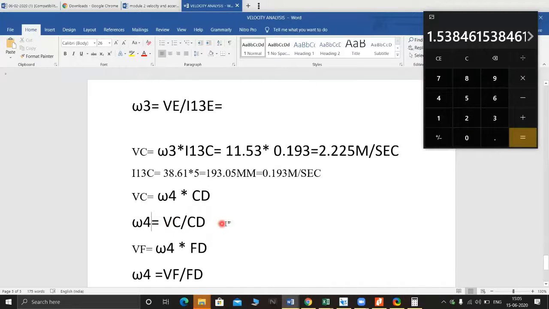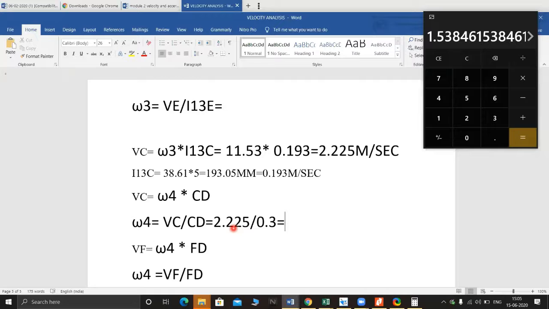That is VC divided by CD. So VC is 2.225 divided by CD. CD is already given in the dimensions, 300, which in meters is 0.3. 2.225 divided by 0.3 is 7.41.